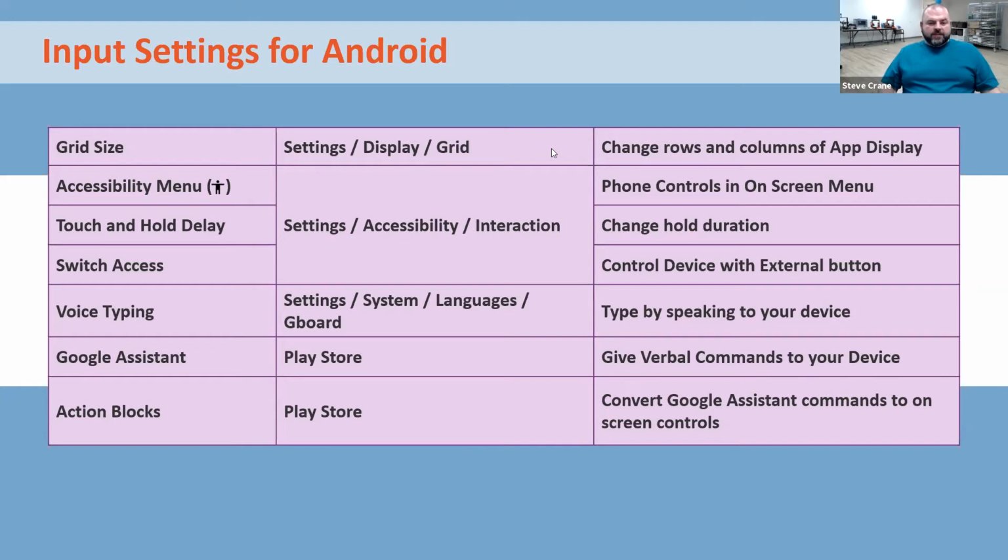Android also supports switch access. Now, this is something folks may not be as familiar with. Basically, this means connecting an external button to your Android device. And when it's activated, there are a few different ways it's implemented across different platforms, but basically the idea is if I press the button, it'll start tracking a line down from the top of my screen.